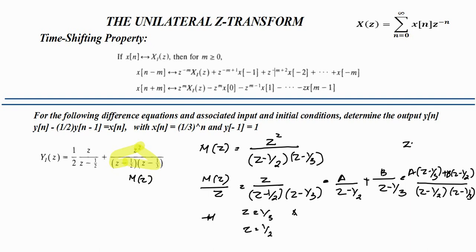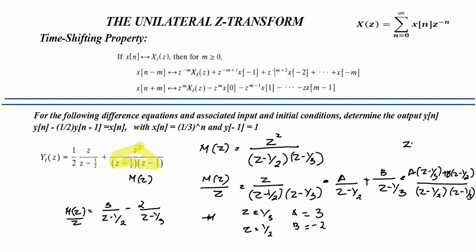We can calculate A and B. So A becomes 3 and B becomes minus 2. Now we can write M of z by z as 3 by z minus 1 by 2 minus 2 by z minus 1 by 3.